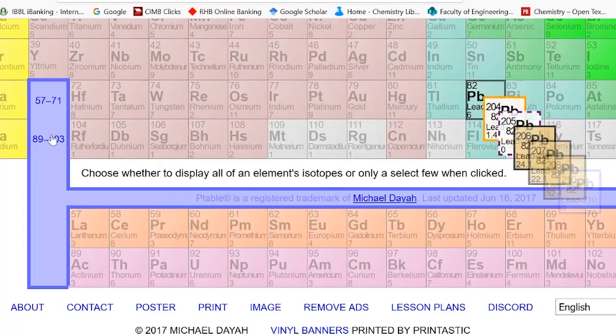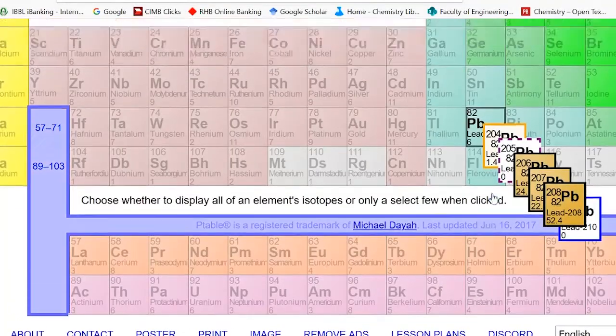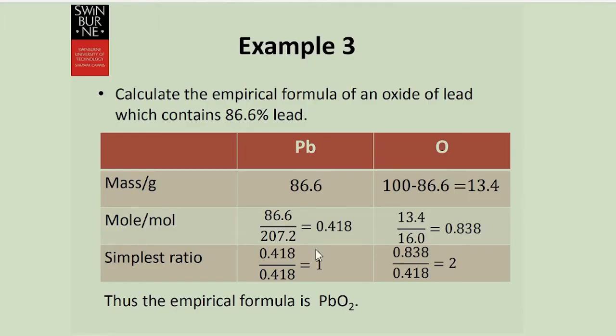We can see that on the left corner, lead is showing 207 as the atomic weight.